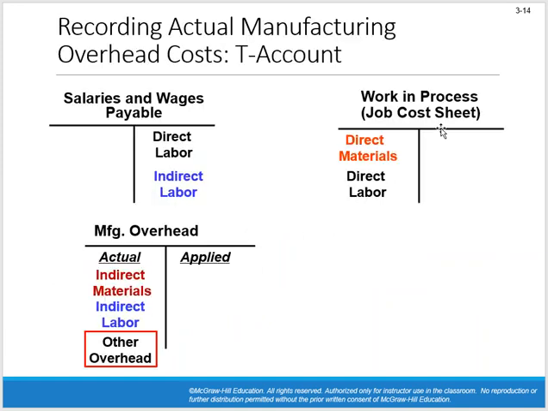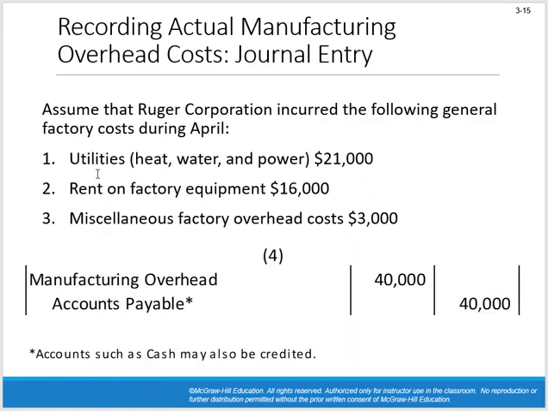So then we have our MOH. Considering our MOH, we've got our indirect labor and our indirect materials that have been accumulated in MOH so far. And then we have to think about the other overhead. Lots of other things are going to go into this MOH bucket. Assume that Ruger Corporation incurred the following general factory costs: utilities, 21,000, rent, 16,000, and miscellaneous factory overhead, 3,000.